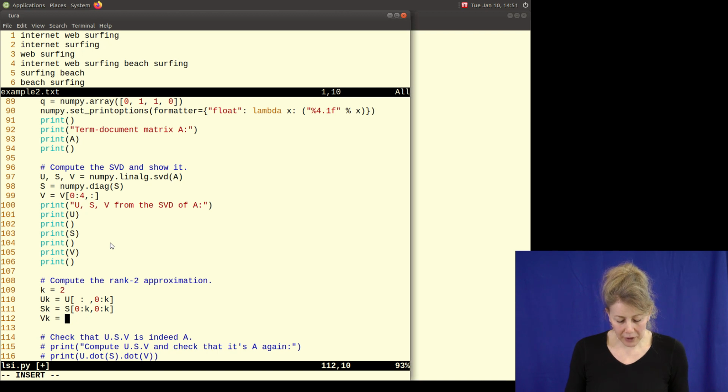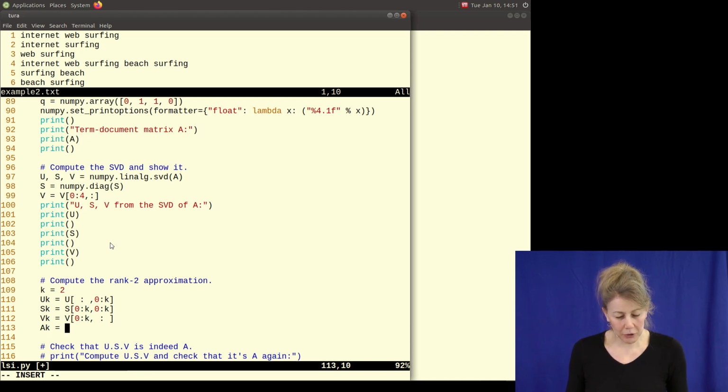For V, I will just take the first k rows. So this should work now. And now I just take the product of these: U_k times S_k times V_k, using dot to do matrix multiplication.